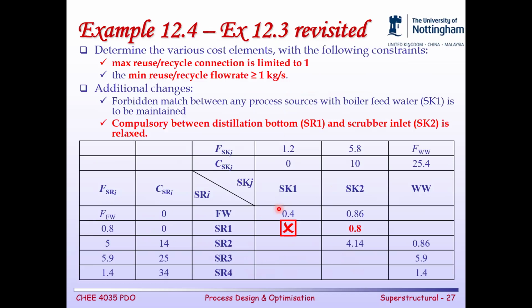For example, let's try this one. You want to set the maximum reuse recycle limited to 1, and the minimum flow rate is 1 kilogram per second.